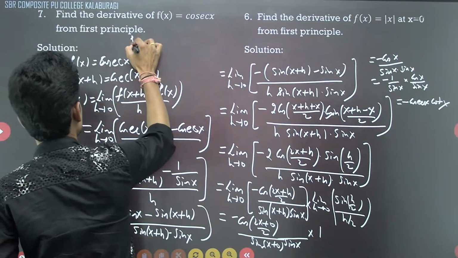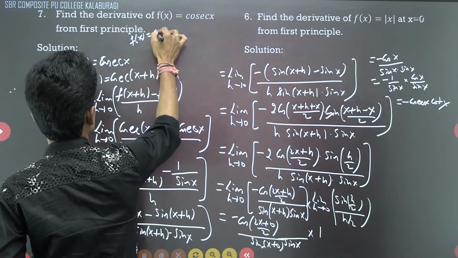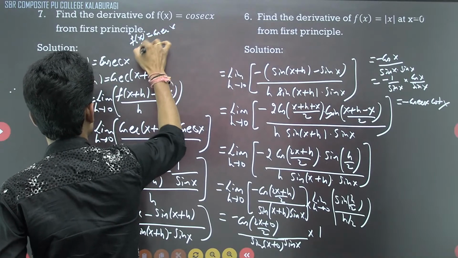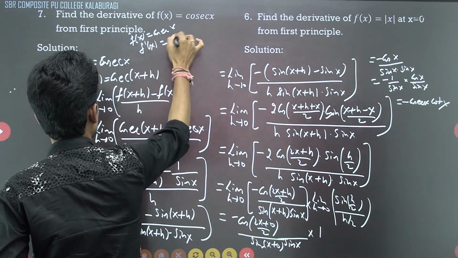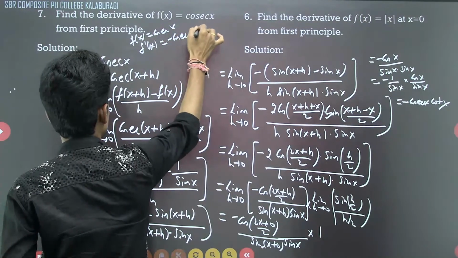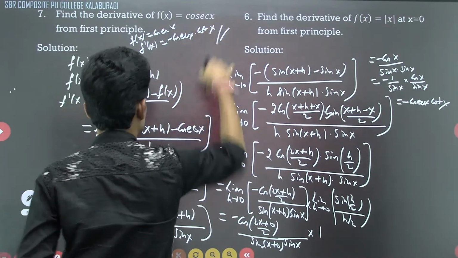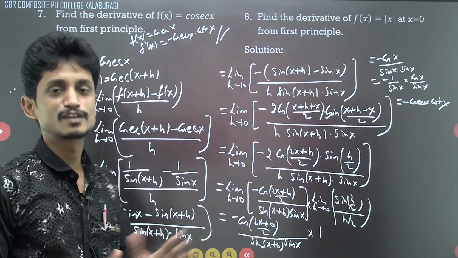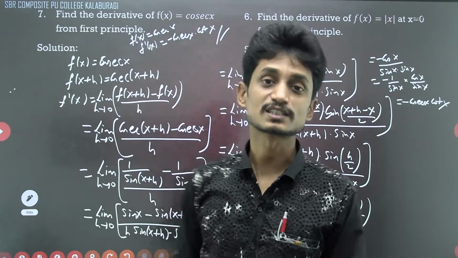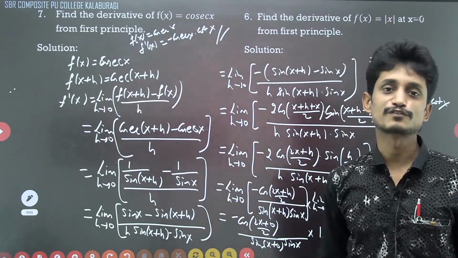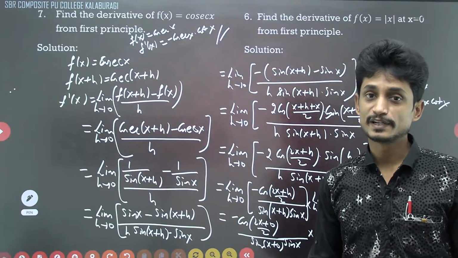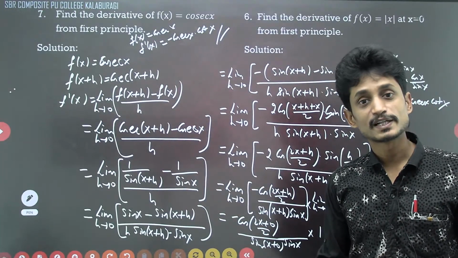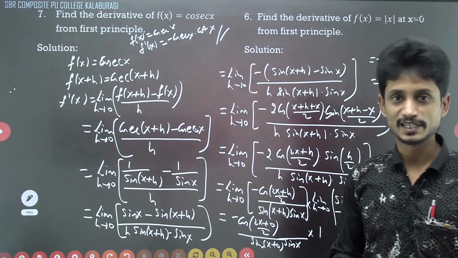So here we derived that if f of x is equal to cosecant x, its derivative will be minus cosecant x into cot x. So all 6 trigonometric formulae I have derived in this class, and 2 are exponential forms. One will be x power n, another will be e power x, and next one will be a power x.